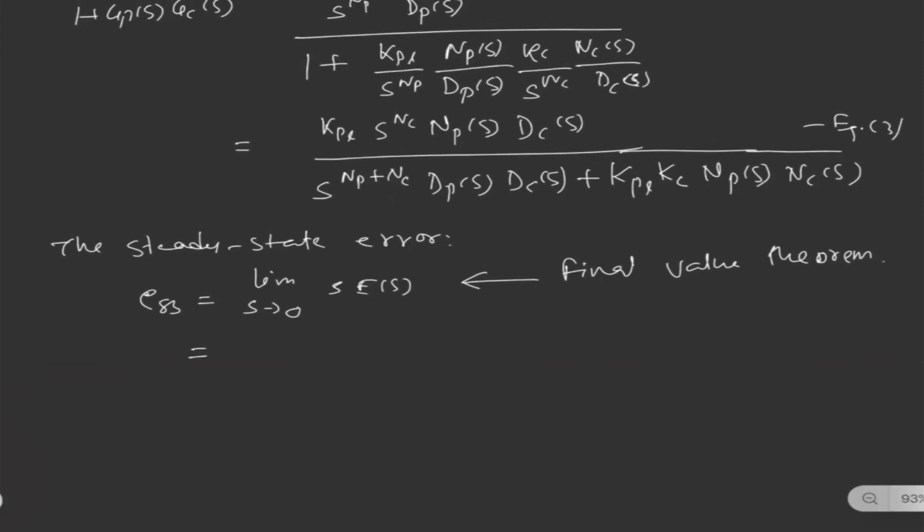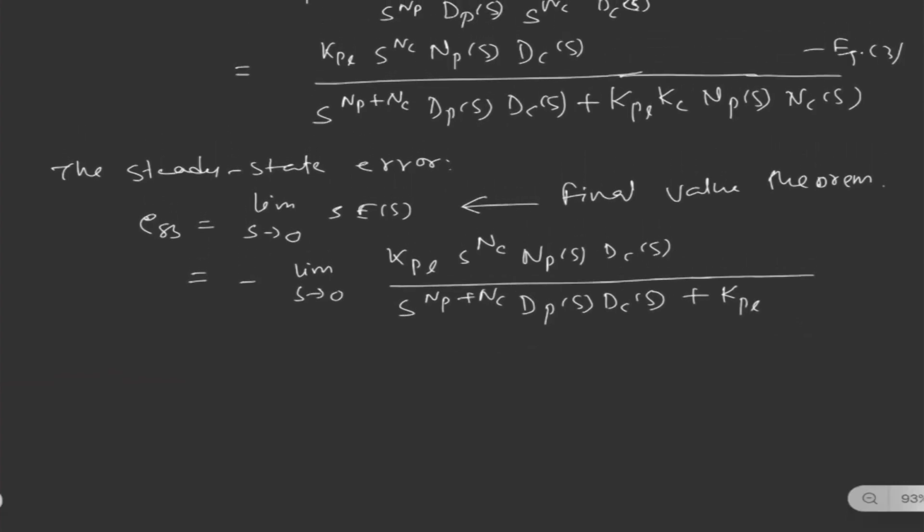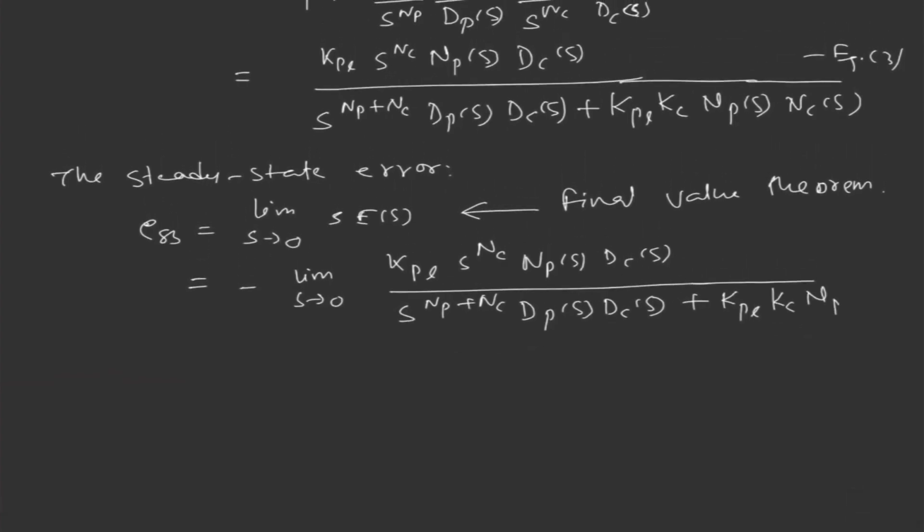Now minus limit s tends to 0, K_PL N_C N_P(s) D_C(s) divided by s^N_P s^N_C D_P(s) D_C(s) plus K_PL K_C N_P(s) N_C(s), into M_D(s), the disturbance acting on the system.